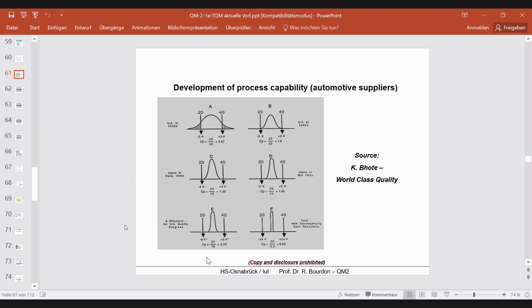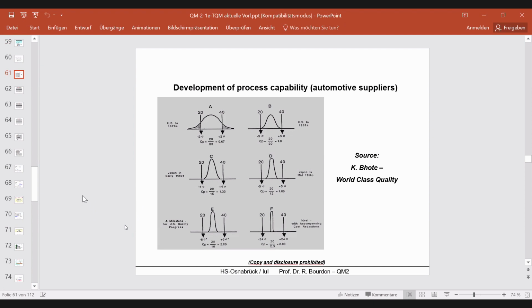So the requirements on the quality in production have become higher and higher, and in many cases today the big companies like Motorola, General Electric, or Siemens are requiring Six Sigma quality.